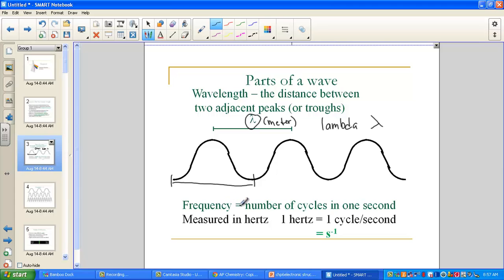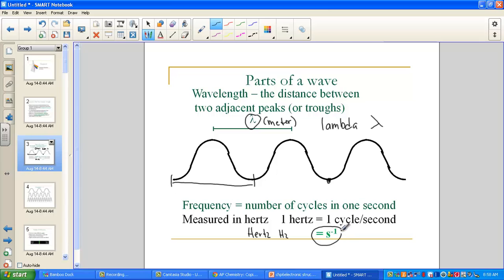The frequency is the number of cycles in 1 second, so it's a timed event. If this is our specific spot, we want to know how many troughs come through this area in every second. We measure this in a unit called the hertz. Typically, I see that capitalized, Hertz, and Hz is how we see that abbreviated.